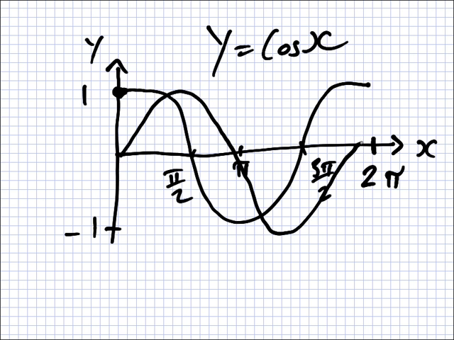Yeah. Are you talking about the horizontal or the vertical? Horizontal. Horizontally, I think the difference is pi over 2. So it's about shifting it. We'll actually have a look at that type of stuff in a minute.